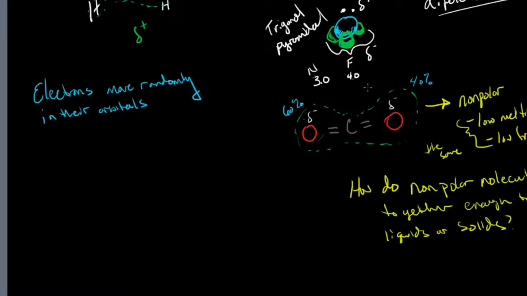But because electrons move randomly, there's times when it's not. In those moments, those electrons are attracted to each other and then they move away. I equate it to when you're in the mall or somewhere with a lot of people, and you walk past someone and they're wearing something that smells very nice.